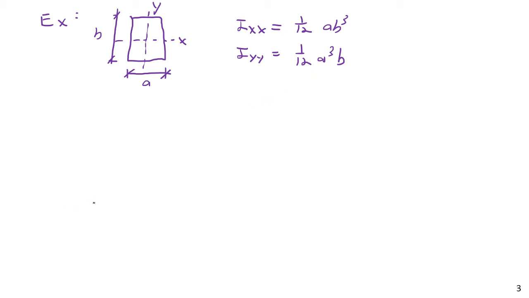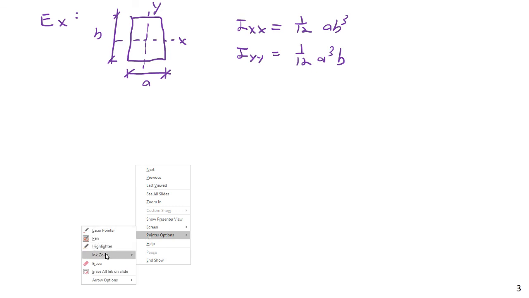Now, however, we do need to consider something. Ix is in relation to the global x-axis. We need something compared to the local, really, because that's what we really want to find.